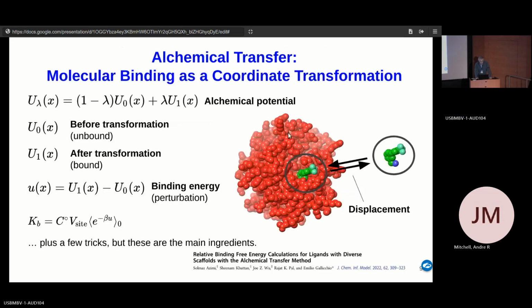All right, so just in one slide, what alchemical transfer is. It's alchemical, meaning that it uses an alchemical potential. So there's a lambda that merges between two Hamiltonians, two potential energy functions. For absolute binding free energy calculation, U0 will be the potential when the ligand is separated from the receptor. U1 is when the ligand interacts with the receptor. But how do you actually do it?